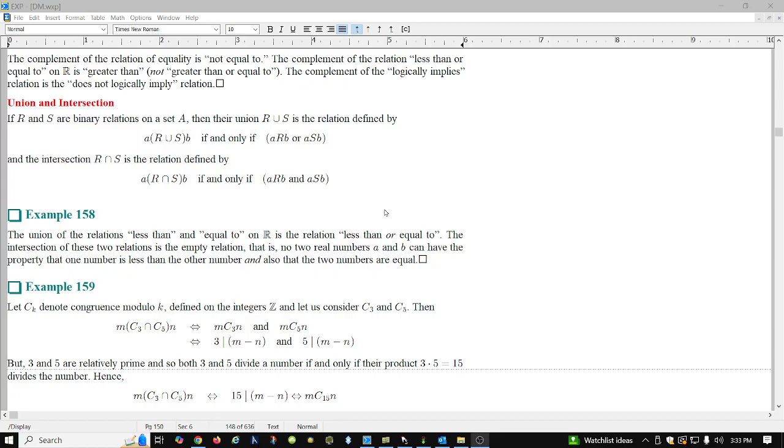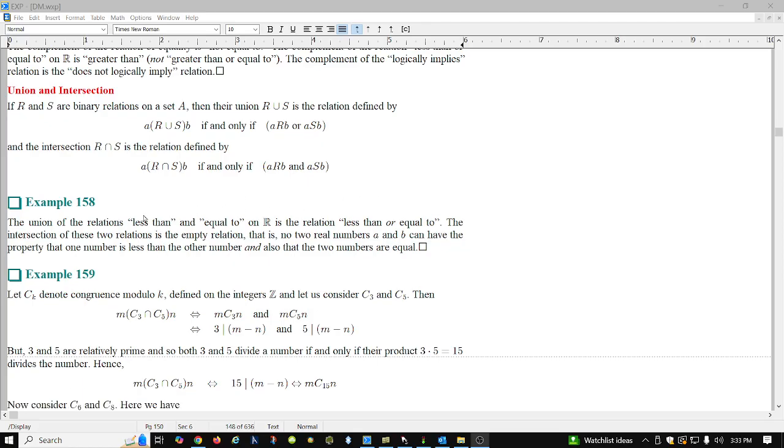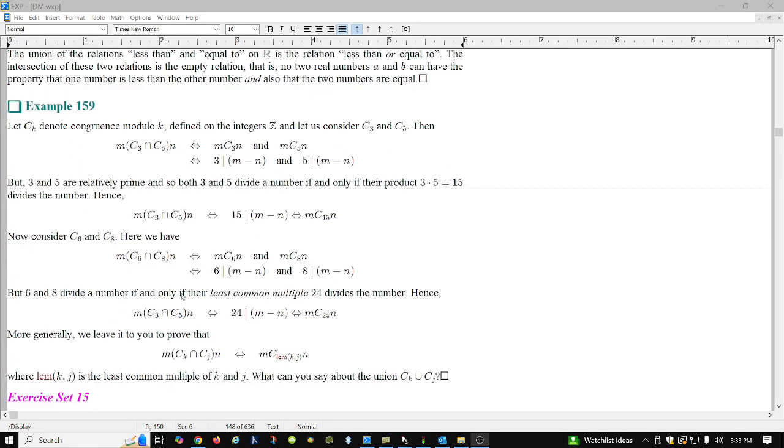The intersection is empty, because you cannot have two real numbers where one is less than the other, and yet they're both equal. That makes no sense. This isn't a very meaningful example. This one is, however.